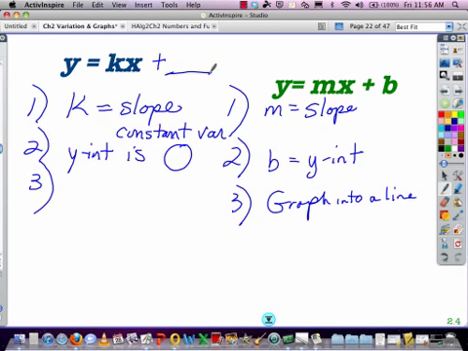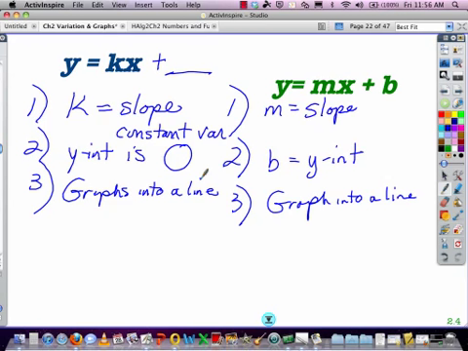We can't guess at what y-intercept we have. We'd have to see that in the equation. y equals kx definitely graphs into a line also. So we are seeing two forms of a line, one being our variation and one being our slope-intercept form.